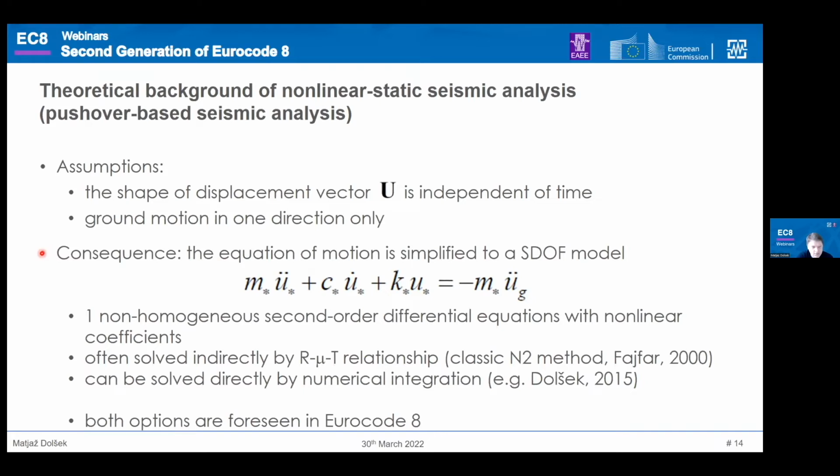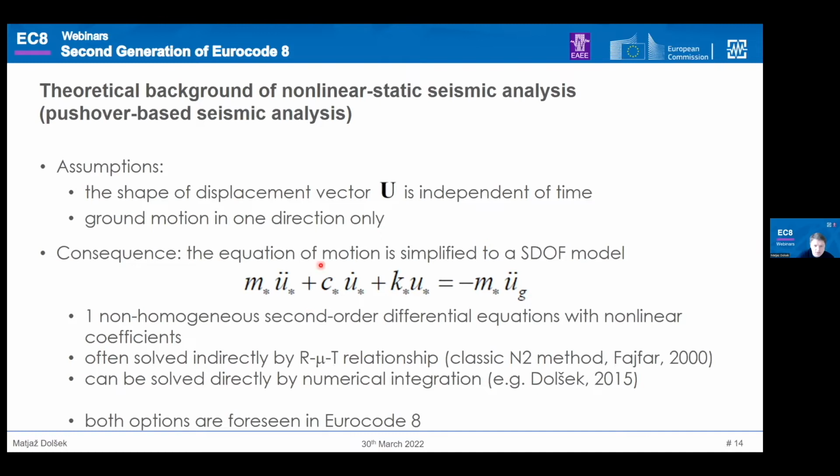And we get the non-homogeneous second order differential equation with the nonlinear coefficient. The nonlinear coefficient is basically this part, while the mass is usually considered constant.